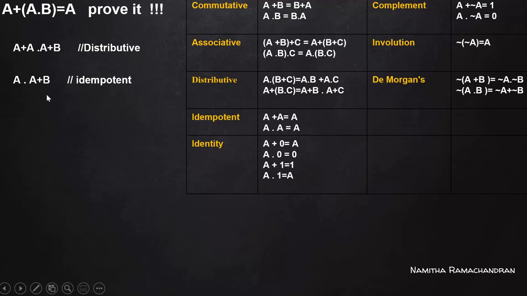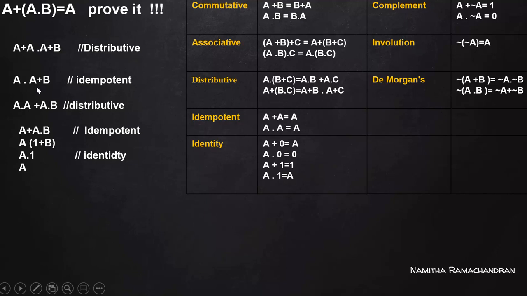Okay. Now here we can distribute this AND inside this OR. We can again apply this. A and (B or C) comes like this, (A and B) or (A and C). So, this is (A and A) or (A and B). Okay, now consider this. A and A is actually A itself.